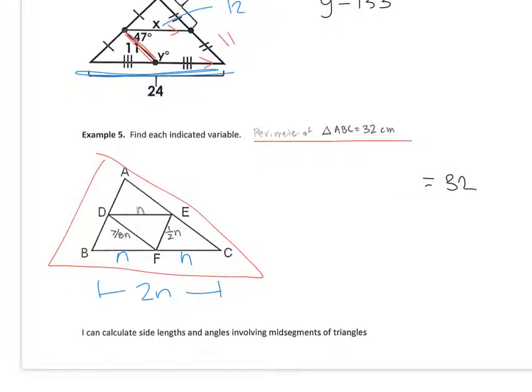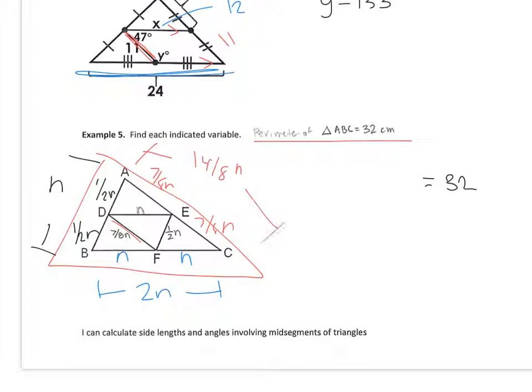If we know that right here is 1/2 n, then this has to be half n, and this has to be half n. So all the way across is n. And the other one, if this is 7/8 n, then this has to be 7/8 n, and this has to be 7/8 n. So 7/8 n plus 7/8 n is 14/8 n.